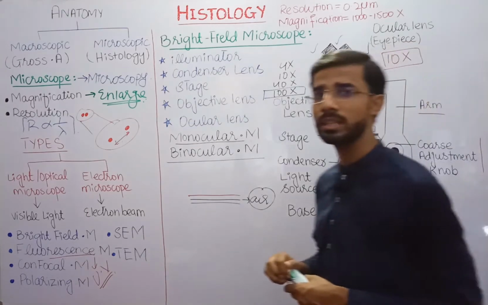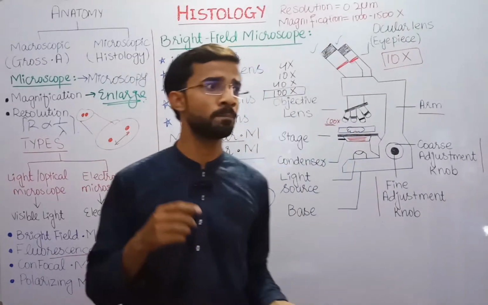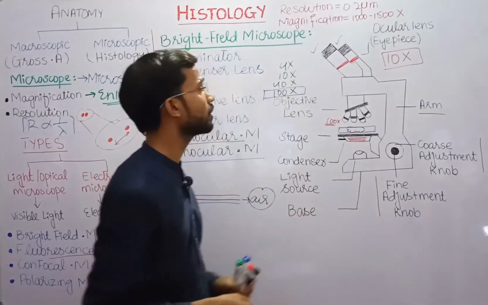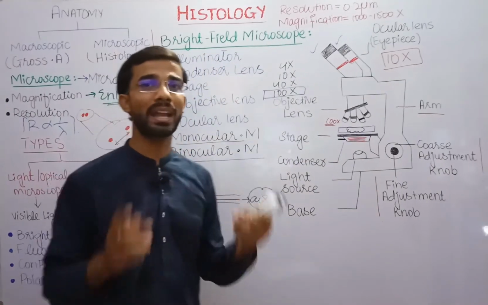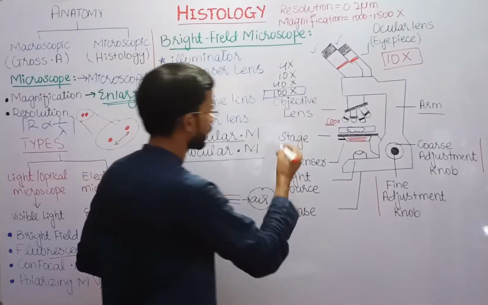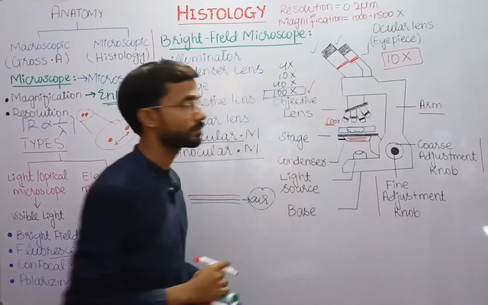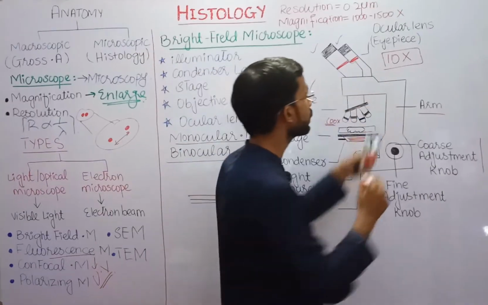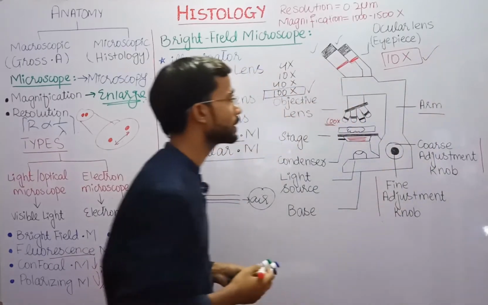But if someone asks what is the magnification of the microscope, here you see different magnification powers, but how can you tell them that the microscope is like 1000x? You have to calculate the total magnification of the microscope. Let's suppose this is 100x for the objective lens, and this is for the ocular lens 10x.